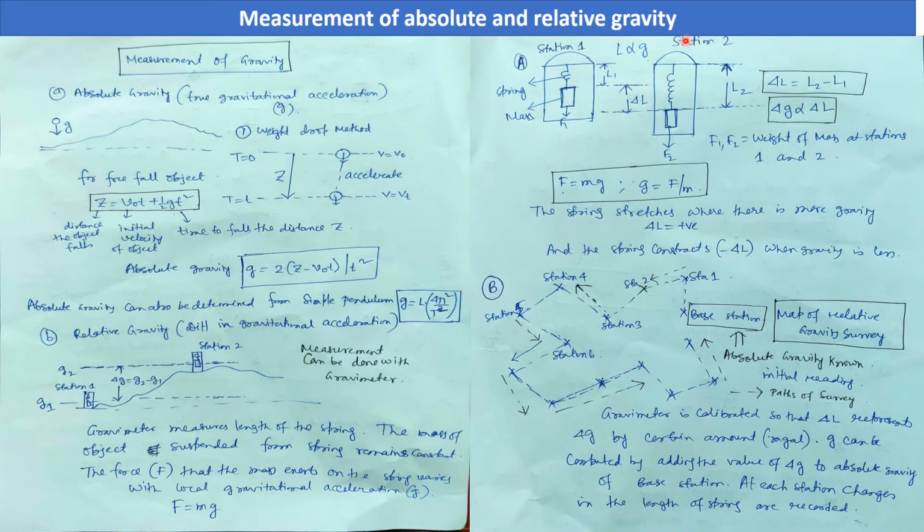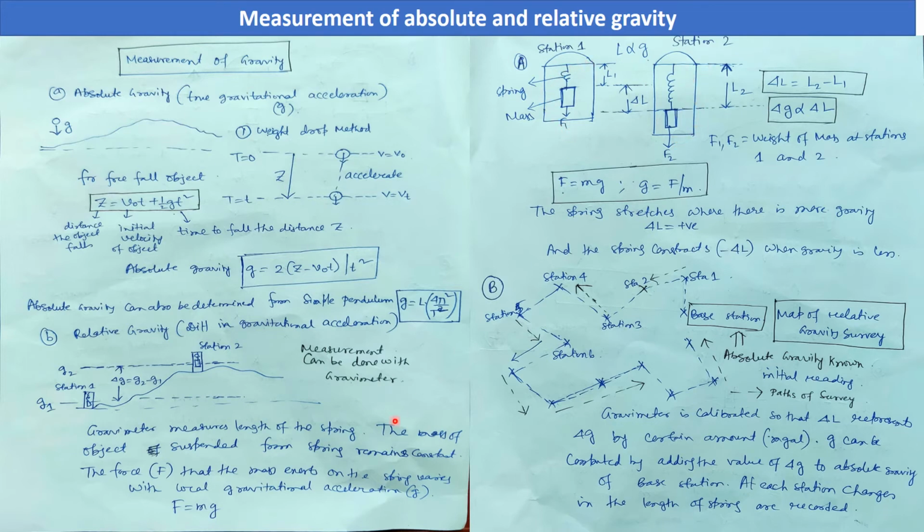Suppose at one station we have a spring and mass system, and the force exerted on the block is F1, and at the other station F2. The length of the spring depends on gravity. If the gravity is more, then the length of the spring is more, because L is proportional to g.